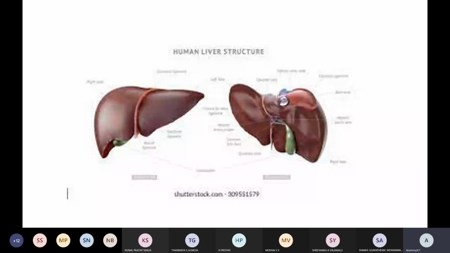The falciform ligament continues as ligamentum teres, and there is the lesser omentum, which has two parts: the hepatogastric and hepatoduodenal ligaments. The upper portion goes to the stomach, or gastric, and the lower portion goes to the duodenum. So these are the ligaments of the liver.